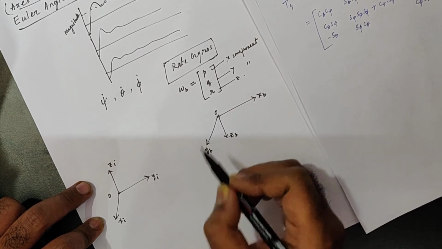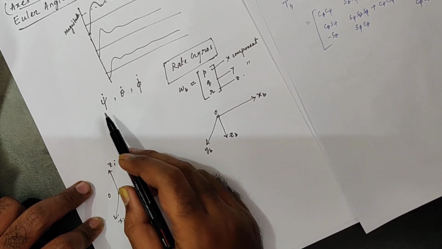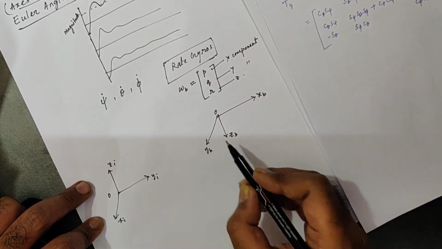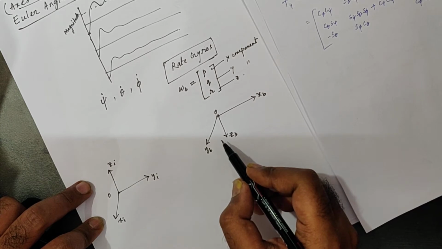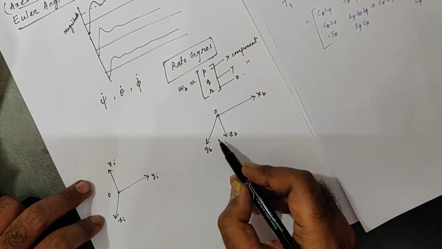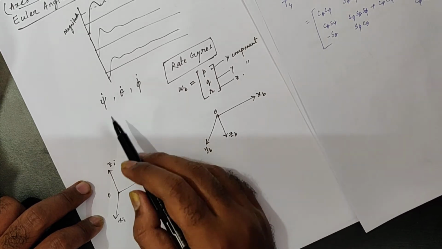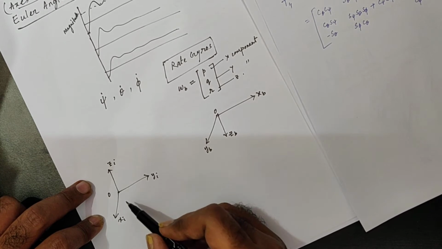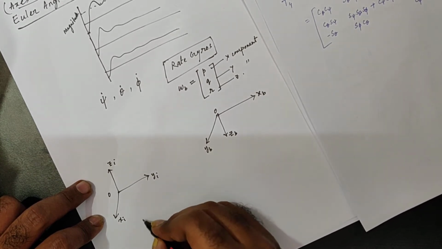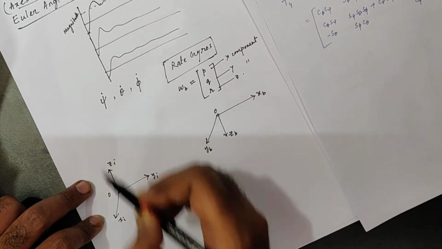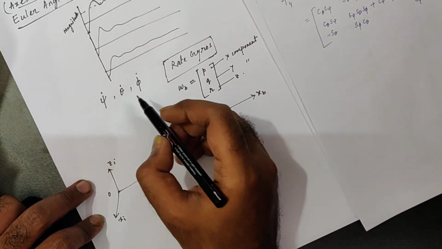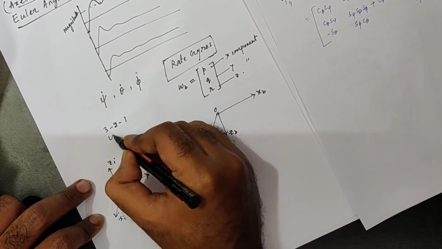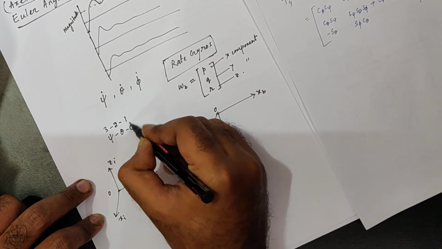Now we want to compute what would be its Euler rate in the body reference frame from the knowledge of the Euler rates in its inertial reference frame. So that can be done using, let me do it for psi, because we are following the 3-to-1 convention or psi theta phi convention.